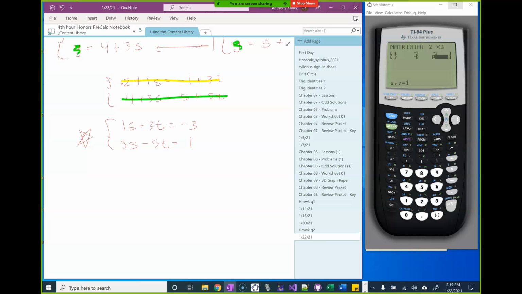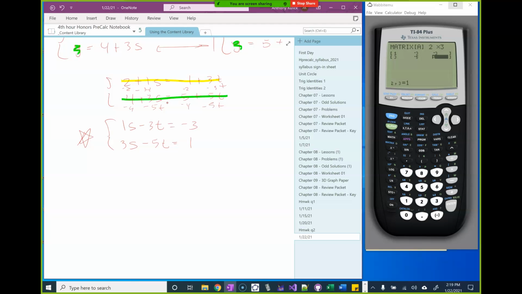Right? And then I did the same thing over here. Subtract the 4 over, subtract the 5t over. I'm just rearranging. That's all. I didn't do any solving.